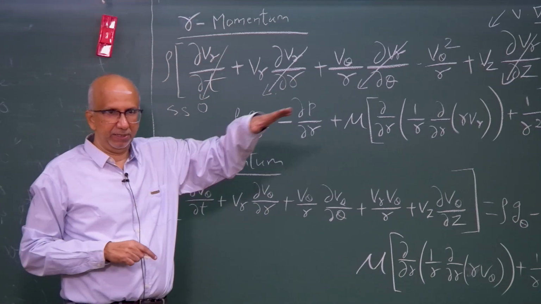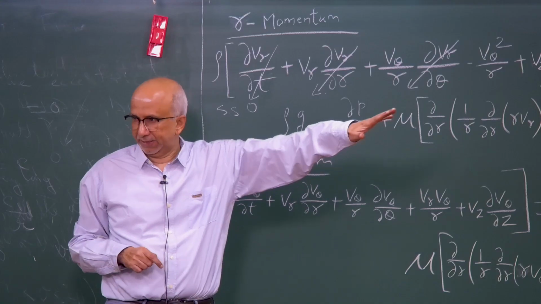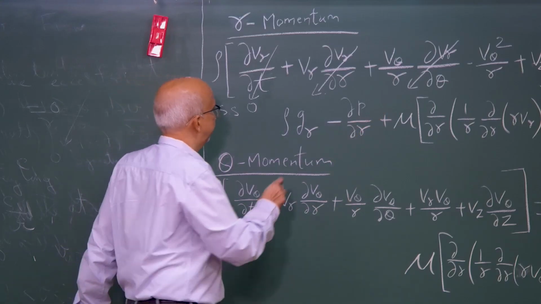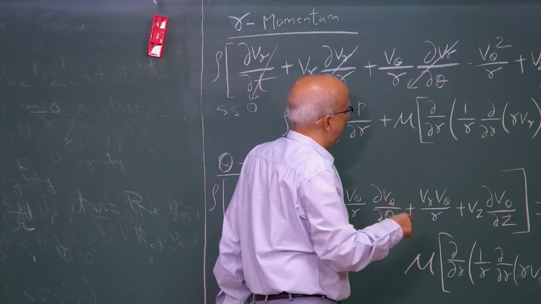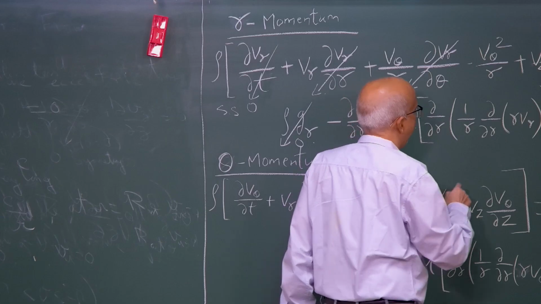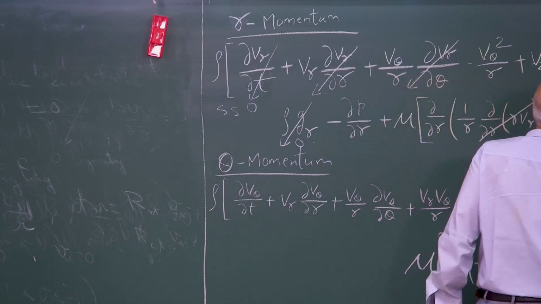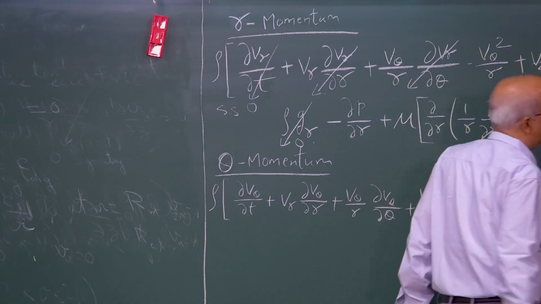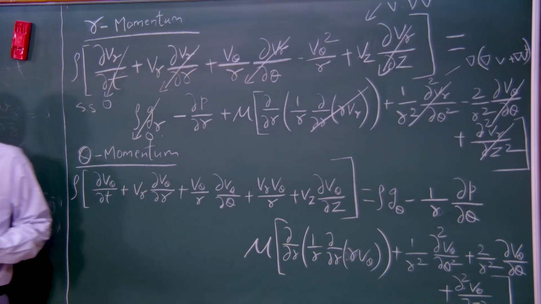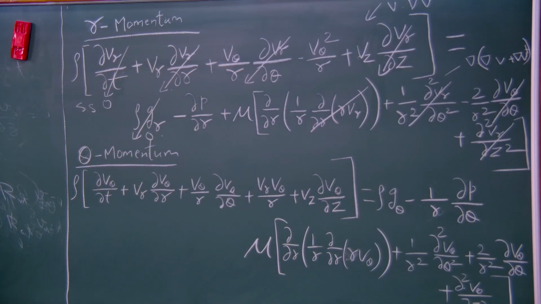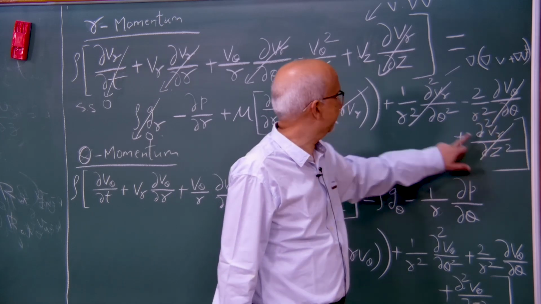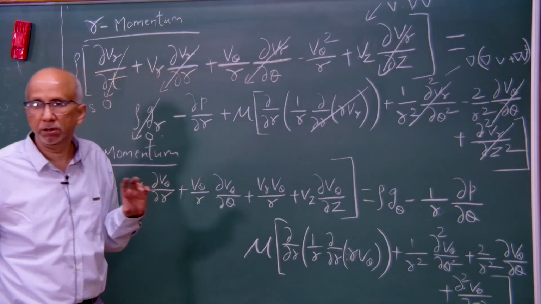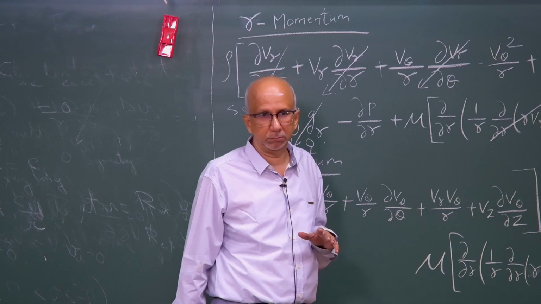In the radial direction, if the cylinder is vertical, there is no gravity. This goes to 0. dP by dr, I am not putting equal to 0, and because Vr is 0, all of these go off, and because of theta symmetry that goes off. All I am saying is you should cancel things with the right reason. I am not cancelling this because V theta is 0, I am cancelling this because of theta symmetry. I am knocking these off because of Vr being 0.